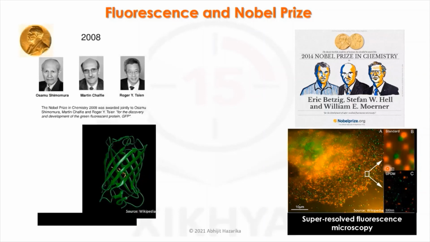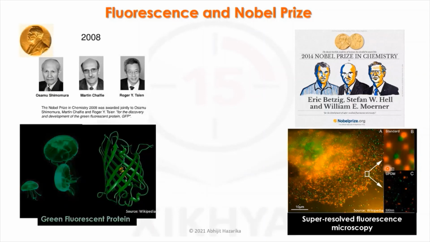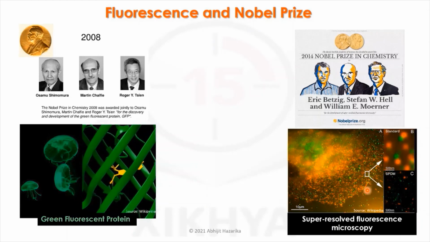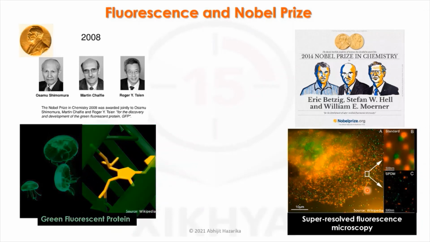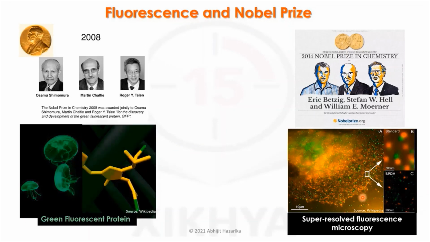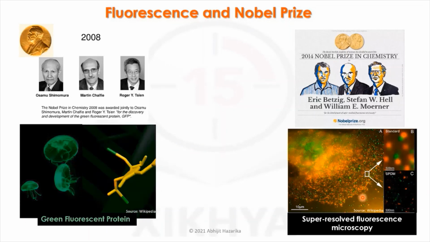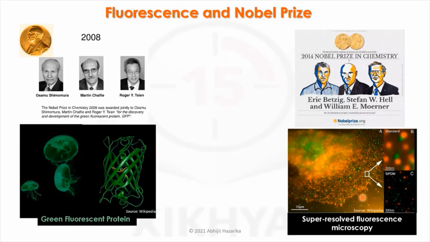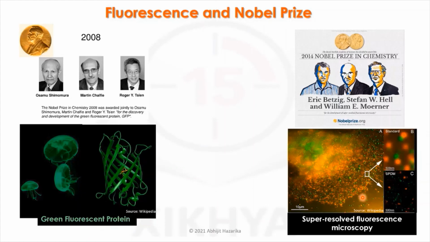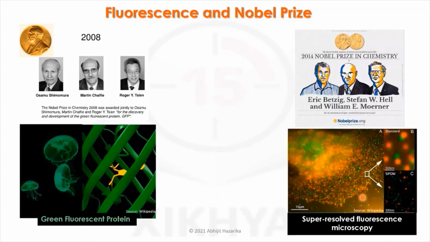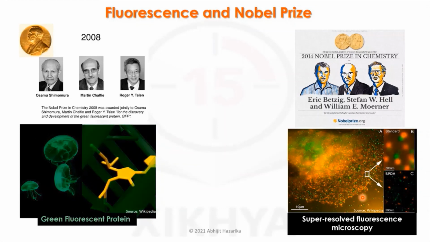Back in 2008, the Chemistry Nobel Prize was awarded for the discovery and development of green fluorescent protein, also called GFP, in jellyfish. This has tremendously helped researchers to develop ways to watch processes that were previously invisible, for example, development of nerve cells in the brain, or how cancer cells spread inside the body.